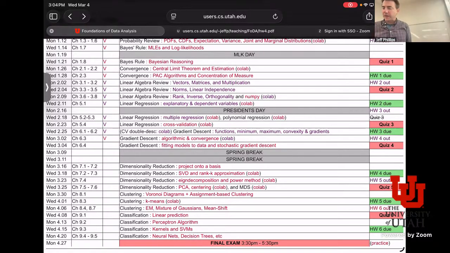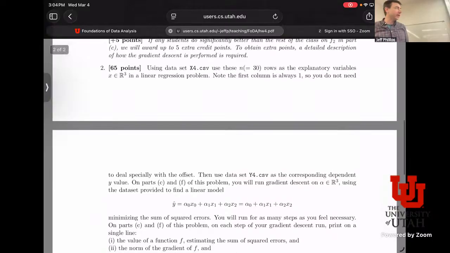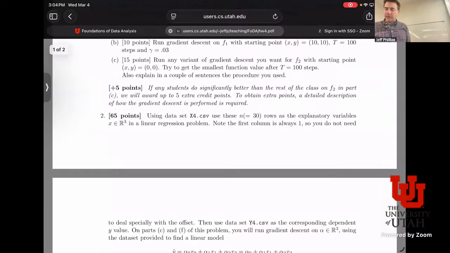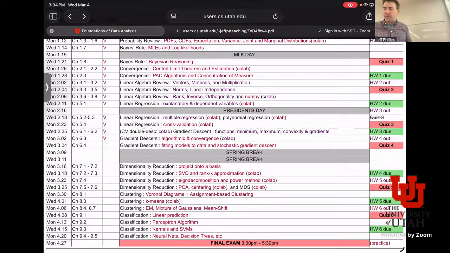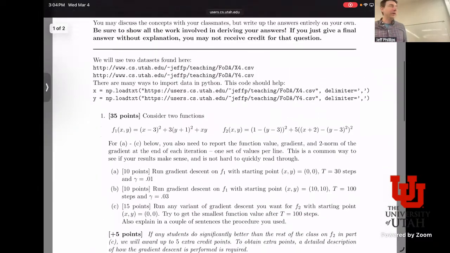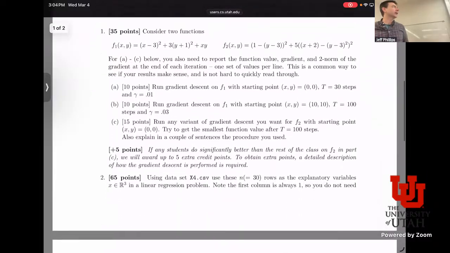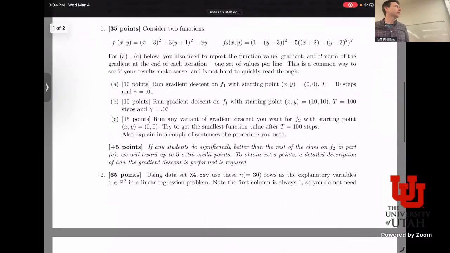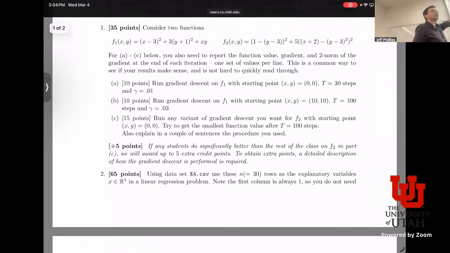Just a reminder, homework 4 is posted. It's on the website, and we posted links on Canvas and everything. This is traditionally the trickiest homework. There are 2 parts to it. The first part should be pretty straightforward, gradient descent. You should be able to use the Colab file I created as a starting point.